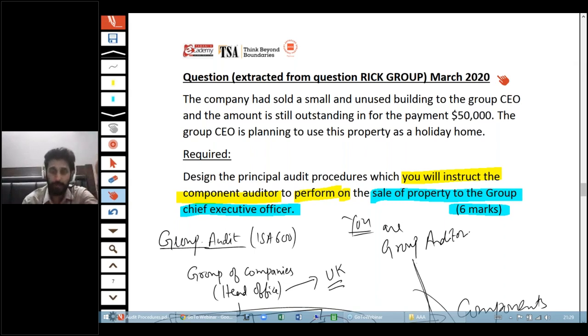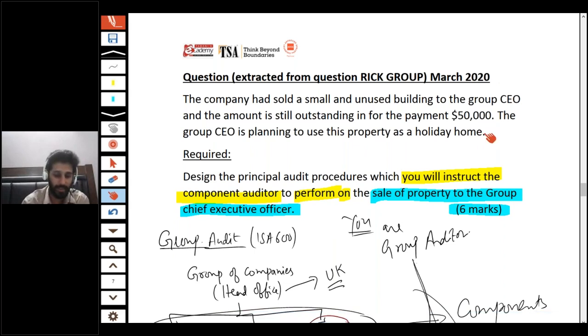And coincidentally, we had covered that in question number 1, where I had discussed the related party transaction, that the related party is someone who can control the organization, who has veto power in the decision making process, or jointly controls the organization.